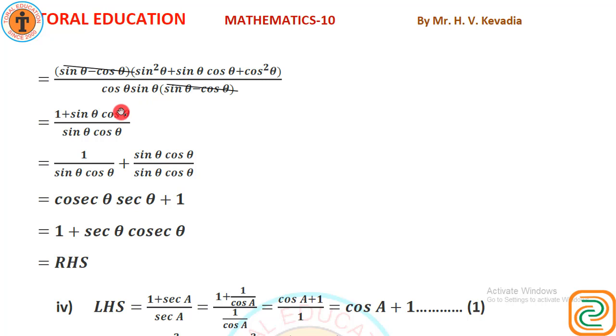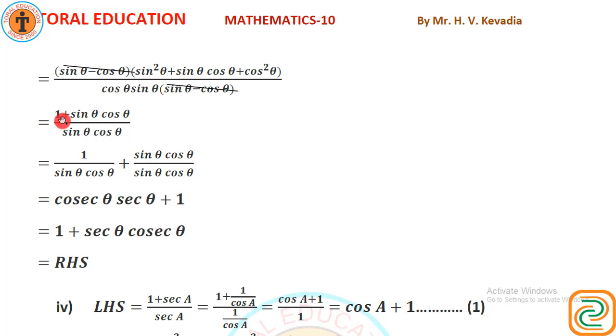We know it is 1, plus sin theta cos theta, and in the denominator cos theta into sin theta, that is sin theta into cos theta. So we cannot cut this directly. Why? Because here is plus. But we can cut this one. Why? Because here it is multiplication. If there is no sign between two brackets, then they are in multiplication.